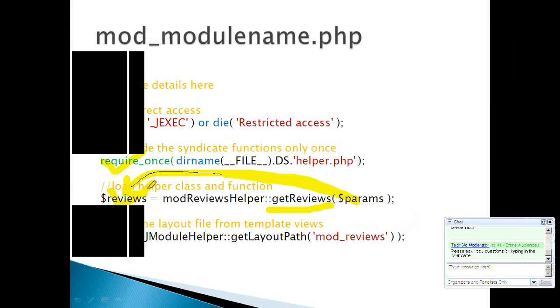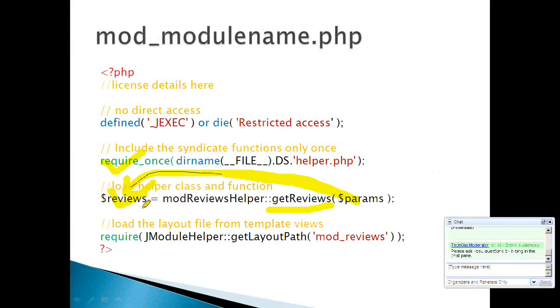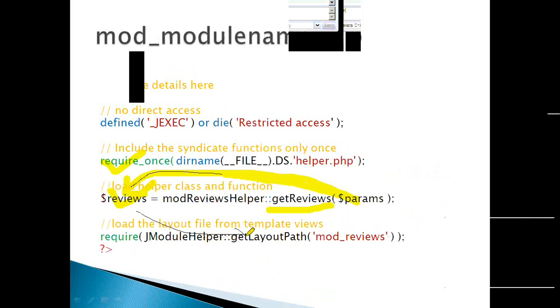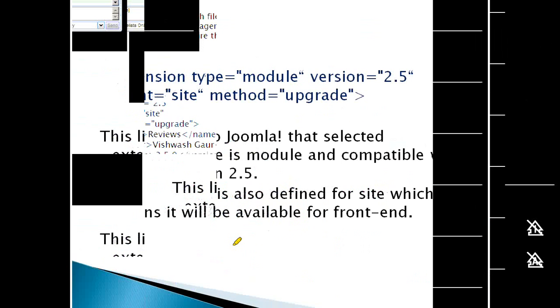And once this information is transferred into the $reviews variable, it will be transferred to the template and it will be shown. So I come to this screen.